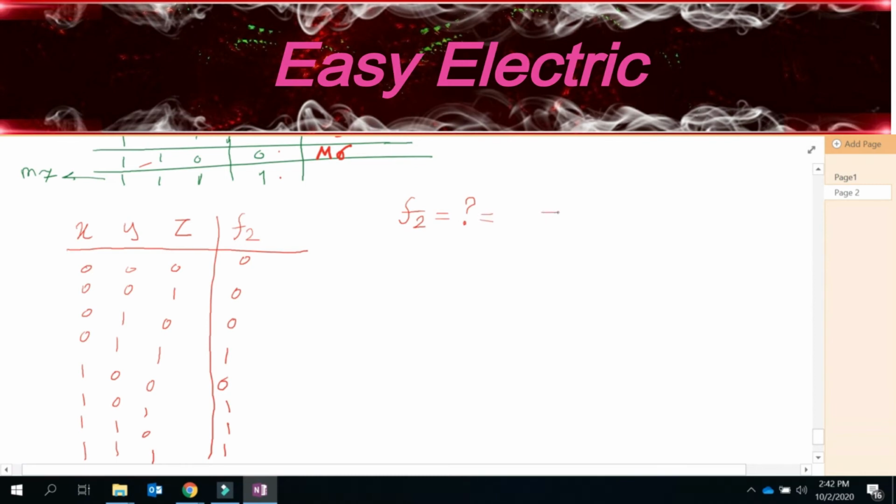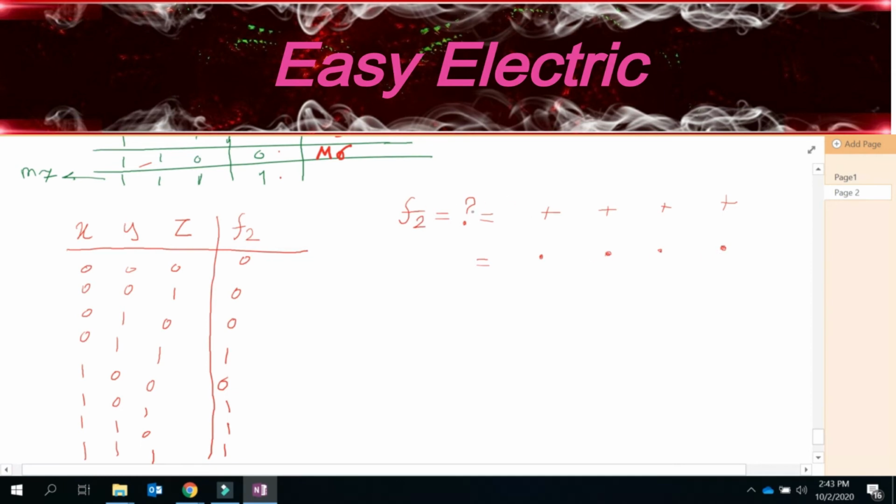The first one is the sum of the minterms, where we fill out the minterms here. Or I could write this based on the product of the max terms. Let's see how many we need. Definitely we need 4, so you need to fill out the max terms between these dots.